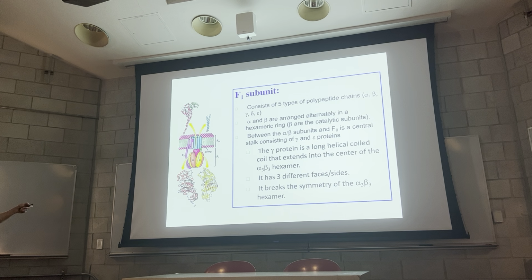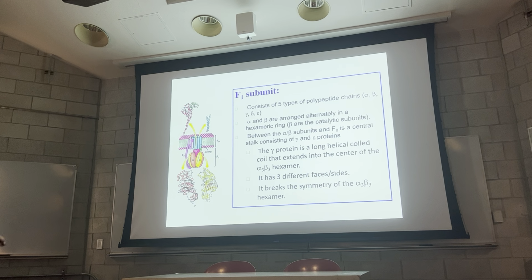when the gamma stalk is inserted into the donut, each one of those faces will be facing a different active site. In other words, the hydrophobic face would be facing the active site. The positively charged one would be facing an active site that's distinct.